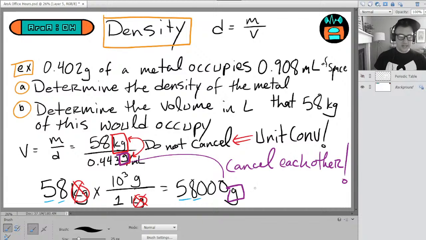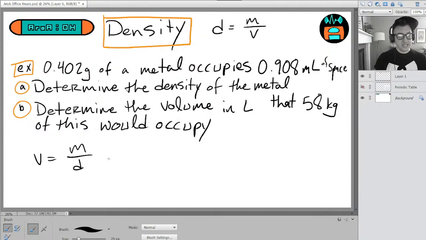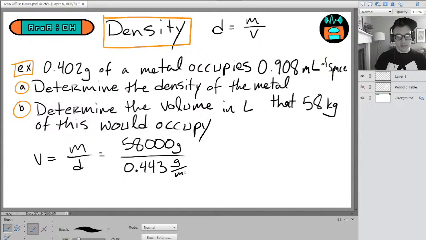So now we're ready to actually find our volume. Let's revisit this. So our volume, at the risk of being redundant, let's add this one more time. Volume is equal to mass divided by density. And our mass in grams is 58,000 grams. Our density is still 0.443 grams per milliliter.